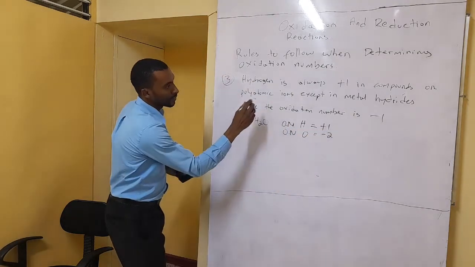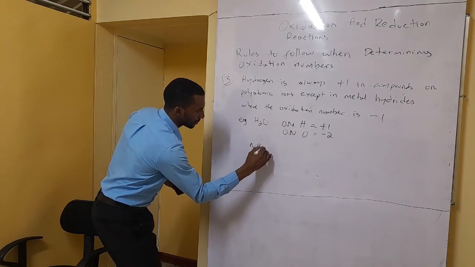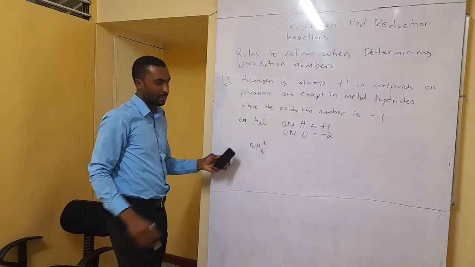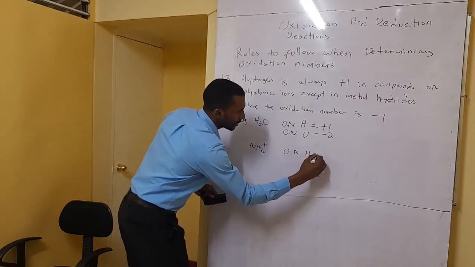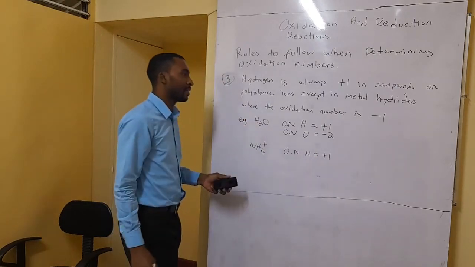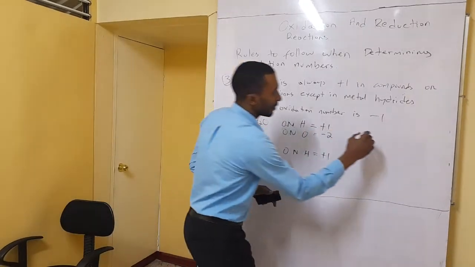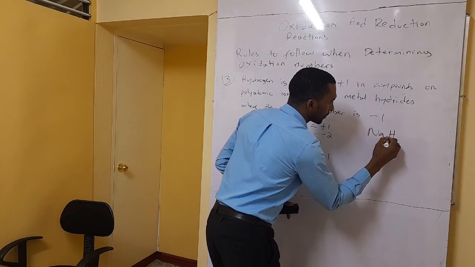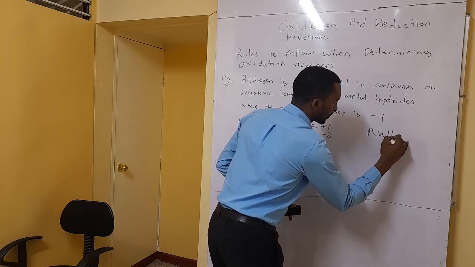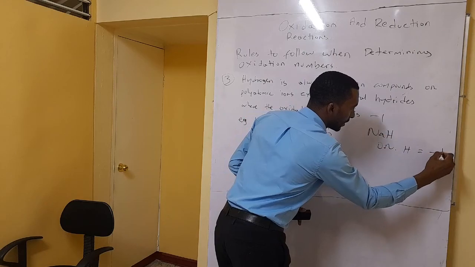We have ammonium, which is a cation, and the oxidation number of hydrogen is +1. The only time the oxidation number of hydrogen is -1 is in metal hydrides, so if we go to sodium hydride, the oxidation number of hydrogen is -1.